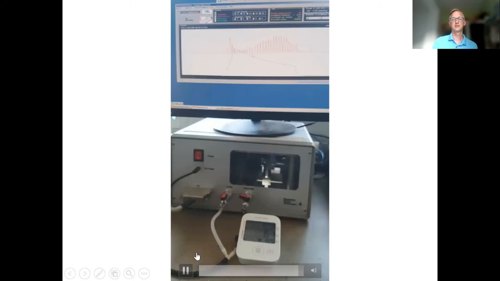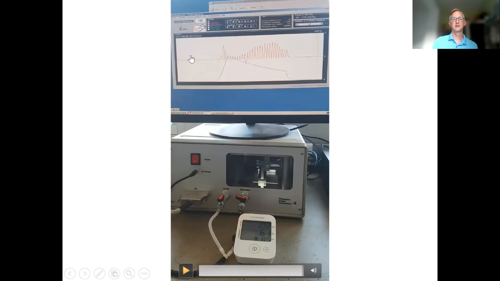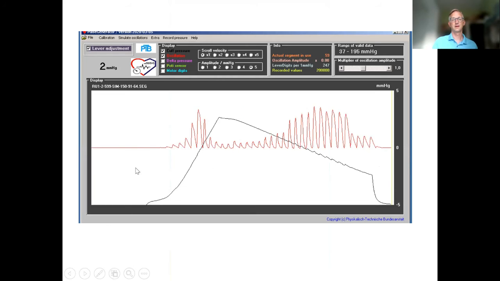And the only thing we need to know is which person, what was the blood pressure of this person, and then compare this to the blood pressure which is displayed here. And again, we get the error of this device. This is basically the cuff pressure of this measurement. So it inflates and deflates.